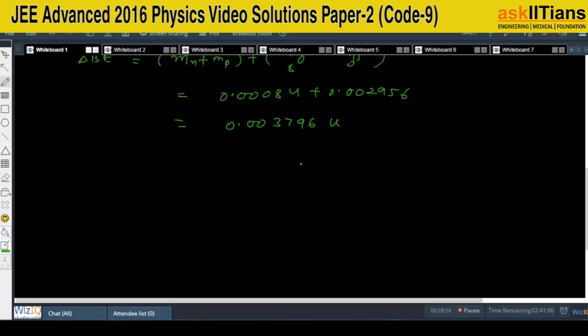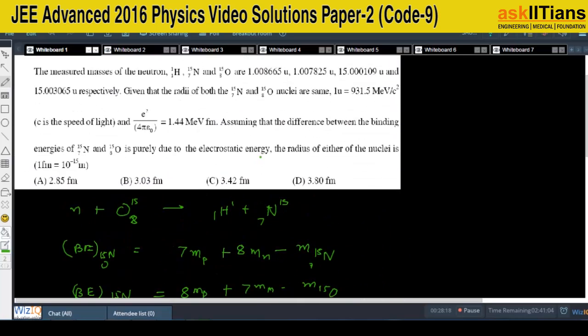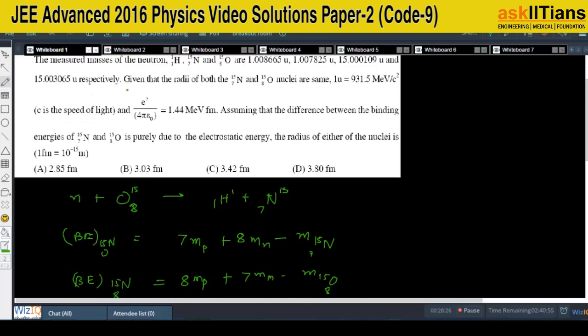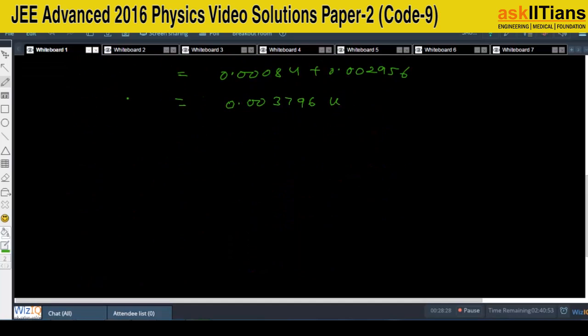Also, it is given in the question that the electrostatic energy is E = 3/5 × Z(Z − 1)e²/(4πε₀R). So we are given the value of energy. Now we will calculate the energy difference for oxygen as well as nitrogen.